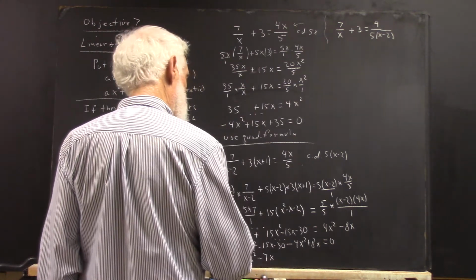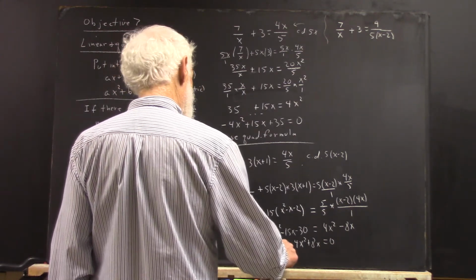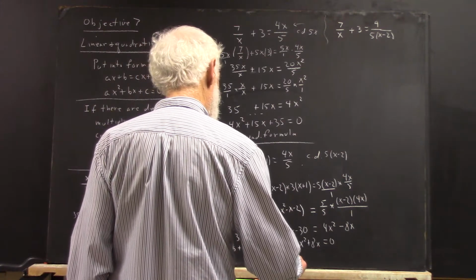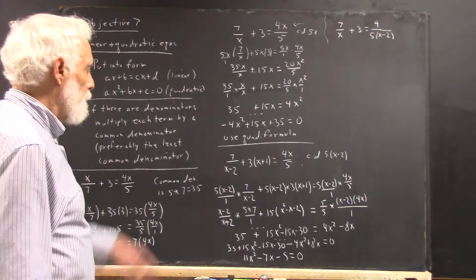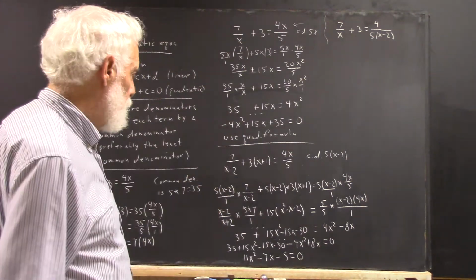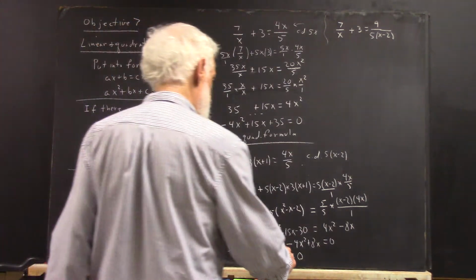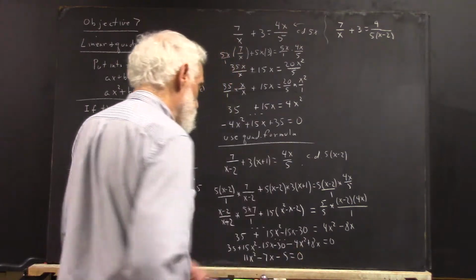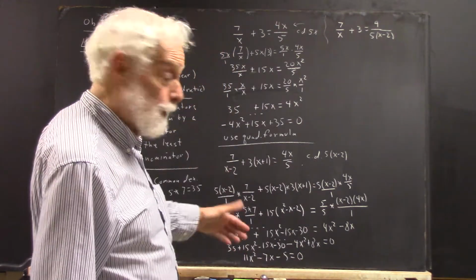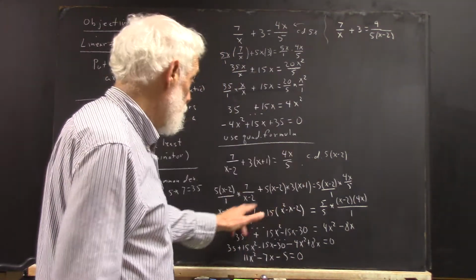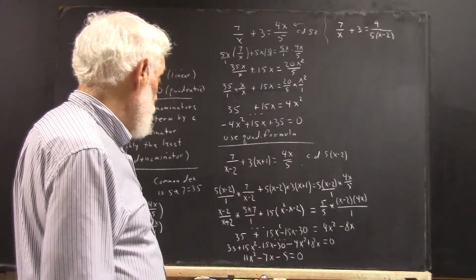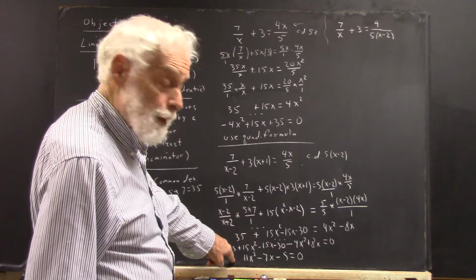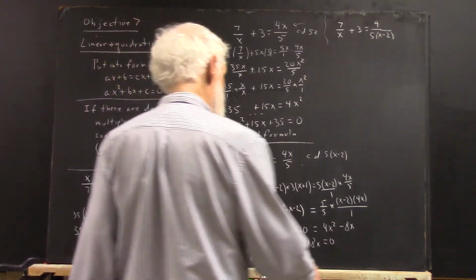And then we've got 35, and we've got negative 30, so that's minus 5 equals 0. So this is a little more complicated, a little more involved, but just using standard algebra, it's pretty easy to do this if you know to multiply by the common denominator and if you understand how to multiply fractions. So there we have it. And then use a quadratic formula.